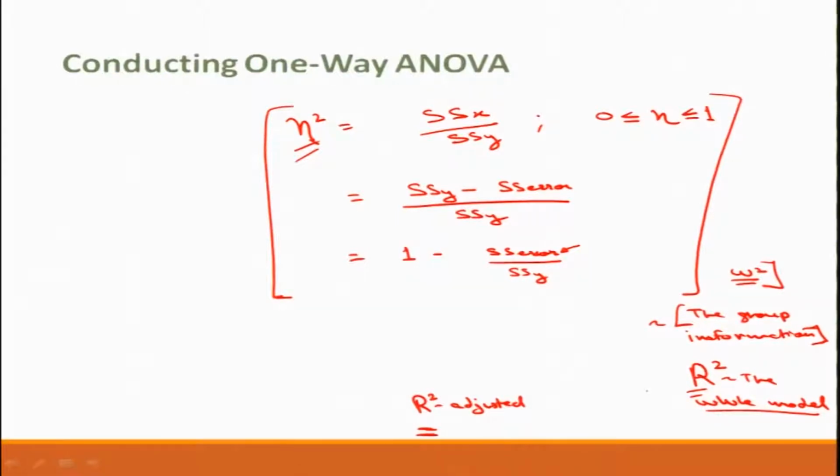So, we have inflation here in R square for a complex model, and R square adjusted compensates for non-significant terms.